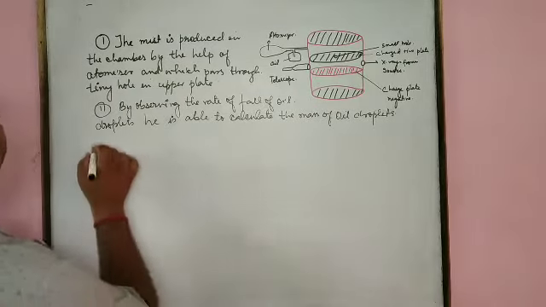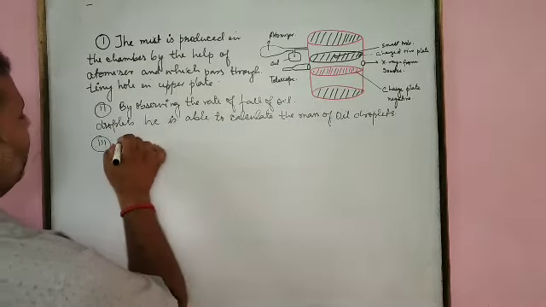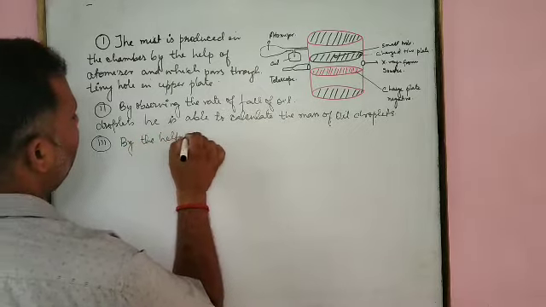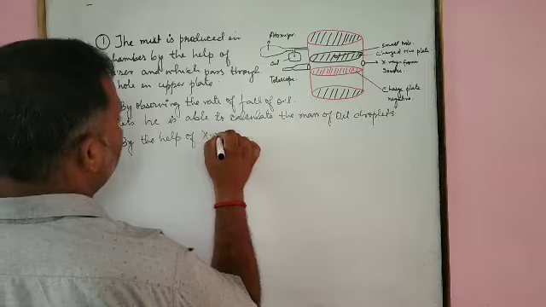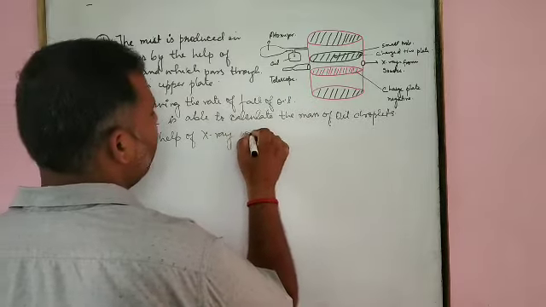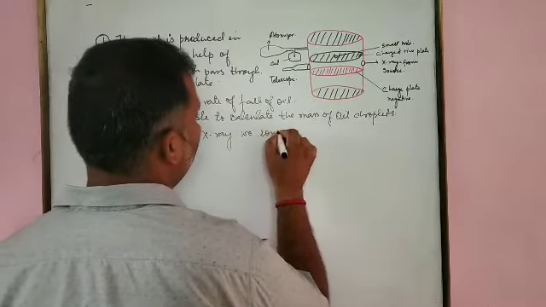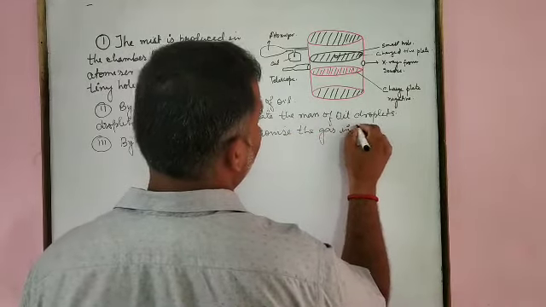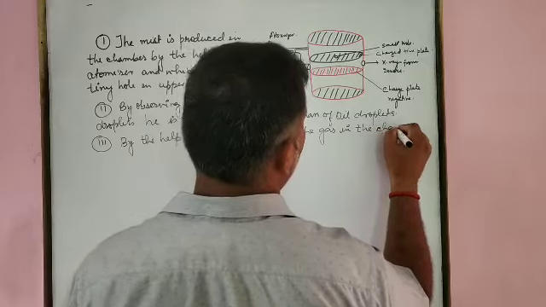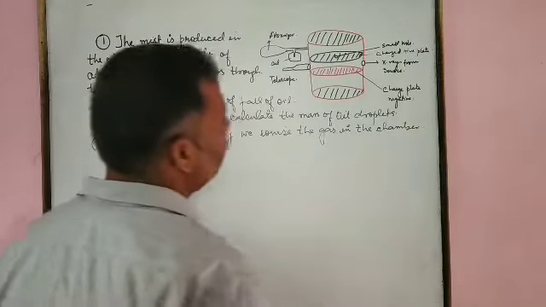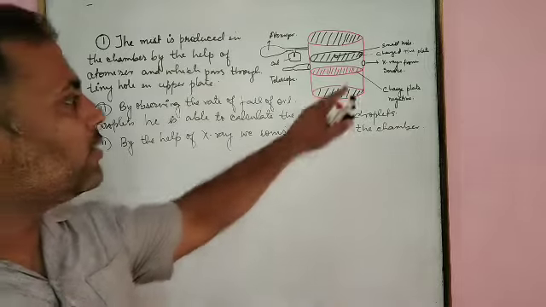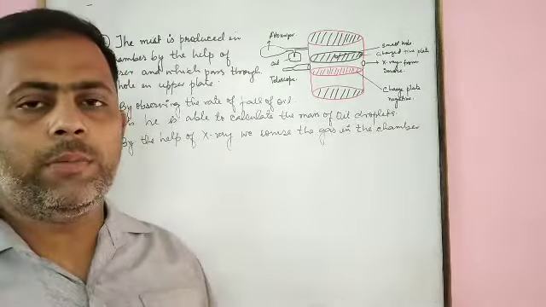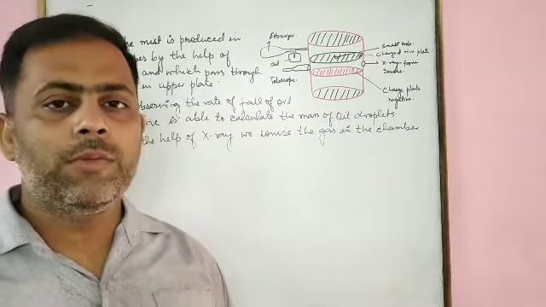The next one. By the help of X-ray, we ionize the gas in the chamber. By ionizing the gas in the chamber, these electrons are attached to this oil droplet. And what do we observe?